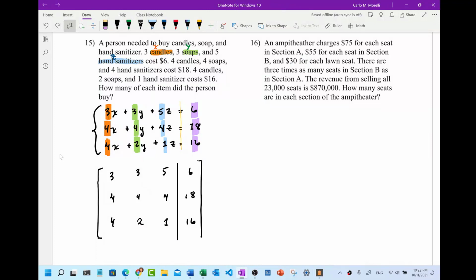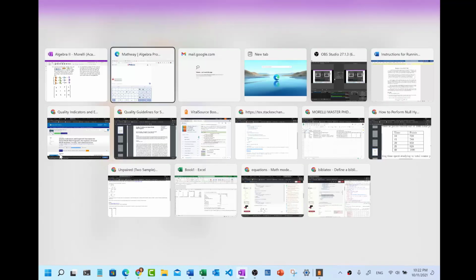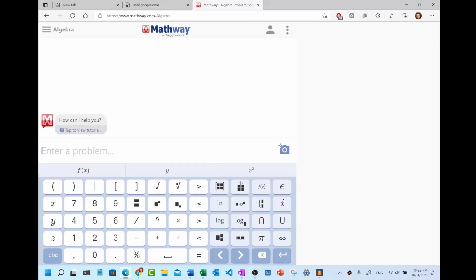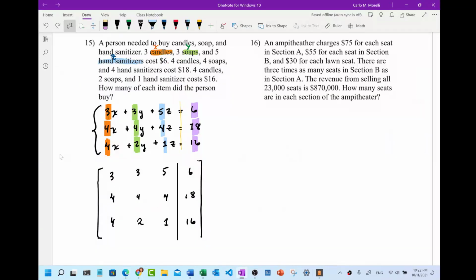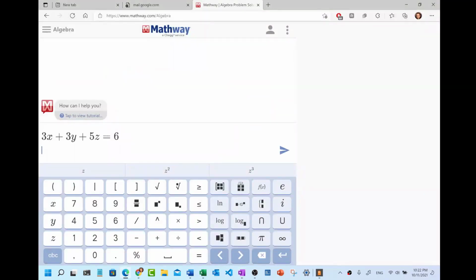We got 3x plus 3y plus 5z equals 6. Now hold shift and hit enter. Then let's go back. 4x plus 4y plus 4z equals 18.